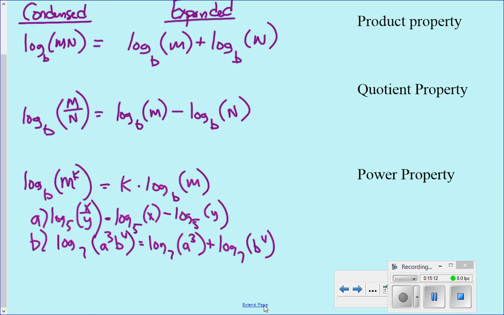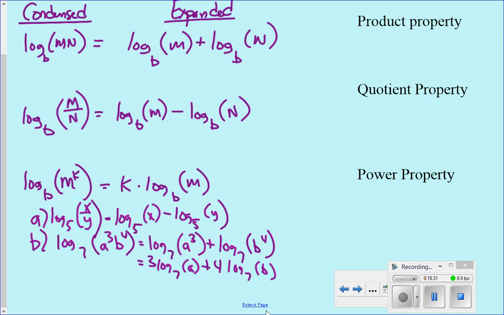Now that I've applied the product property, now the power property is going to come next. Exponents come last when we're doing reverse order of operations. So 3 times log base 7 of a plus 4 times log base 7 of b. And that is my answer.